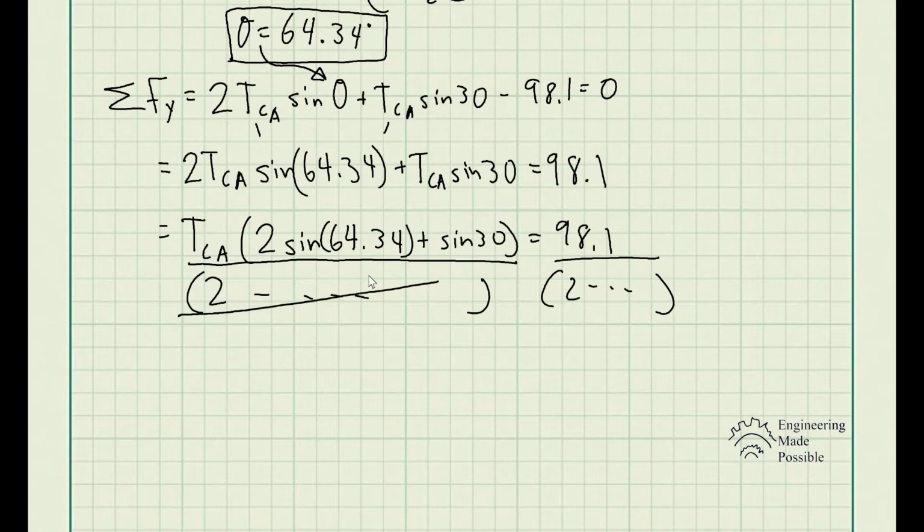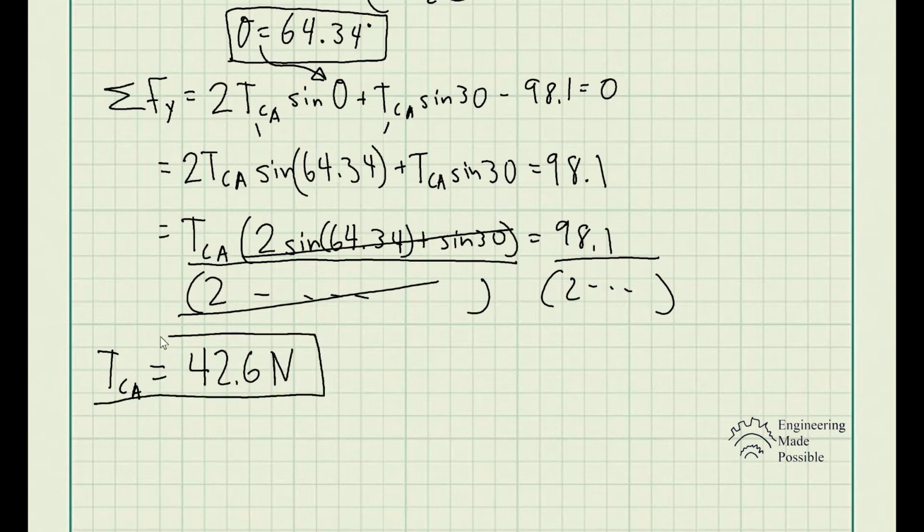So this cancels with this, of course, and now your tension TCA is equal to 98.1 divided by that. So the tension in cable CA is equal to 42.6 newtons. Now remember, the tension in cable CB is equal to 2 times CA, which essentially is 85.2 newtons.